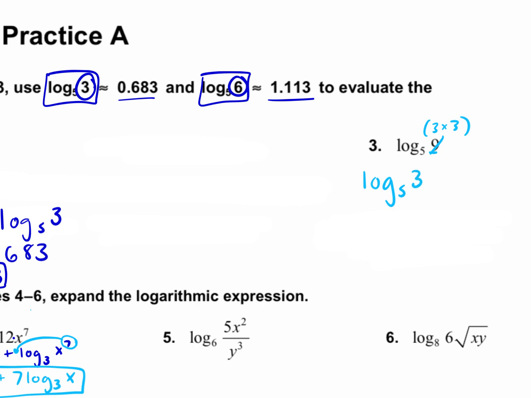So log base 5 of 3 plus log base 5 of 3. And then log base 5 of 3 is 0.683 plus 0.683. 1.366. Awesome.